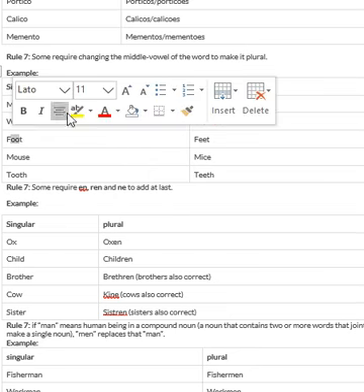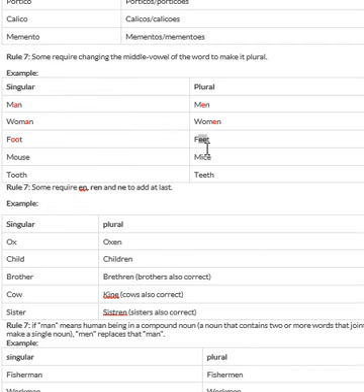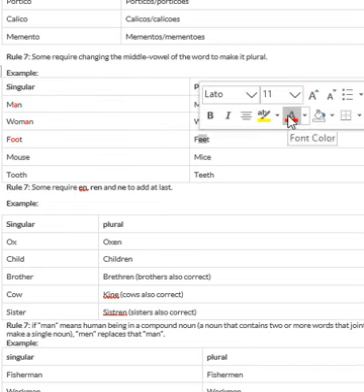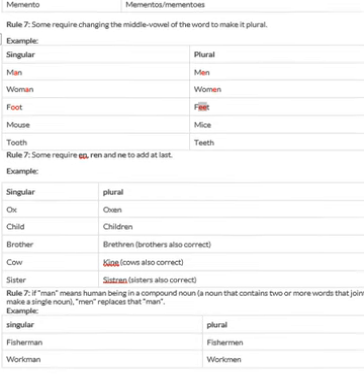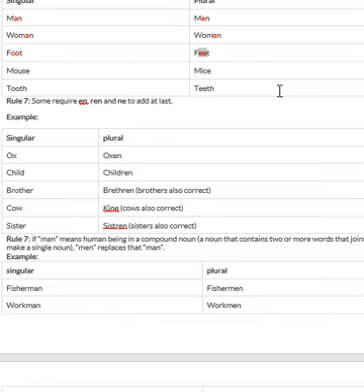You will have to remember this, you will have to memorize this. Mouse becomes mice, tooth becomes teeth. In the same way, there are some more words like goose becomes geese. You will have to know this, you will have to remember this.